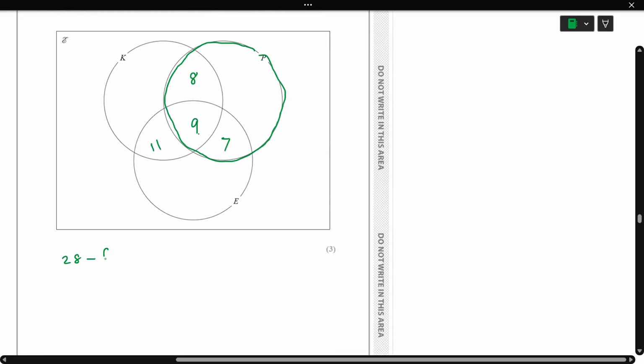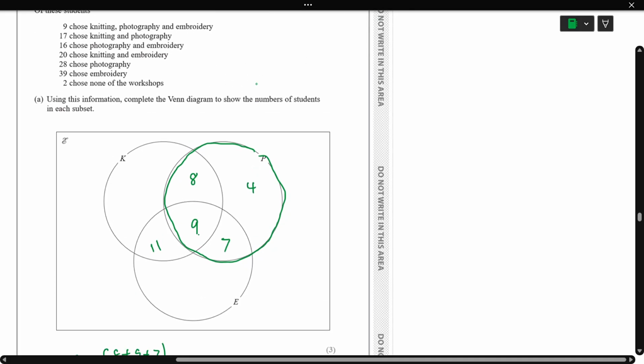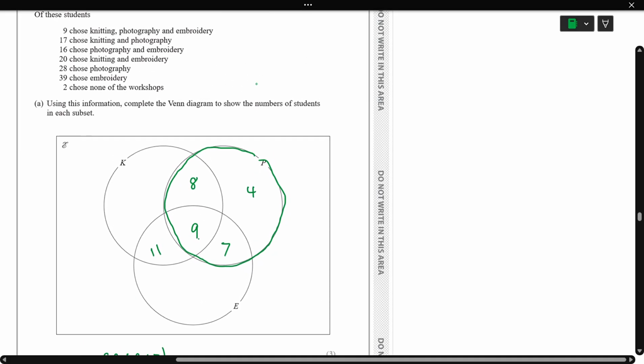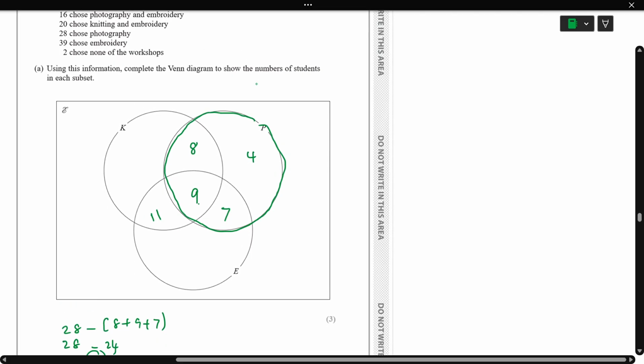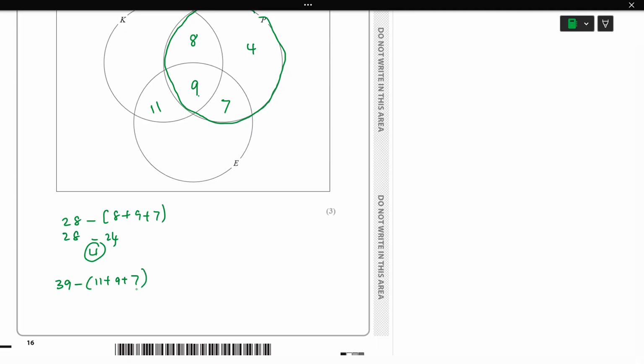Just take away these three values, 8 plus 9 plus 7, which is 24. 28 minus 24 is going to be 4. So here is 4 for photography only. Next, 39 choose embroidery. Here also the same, 39, then take away 11 plus 9 plus 7, which is equal to 12. So here the answer is going to be 12.